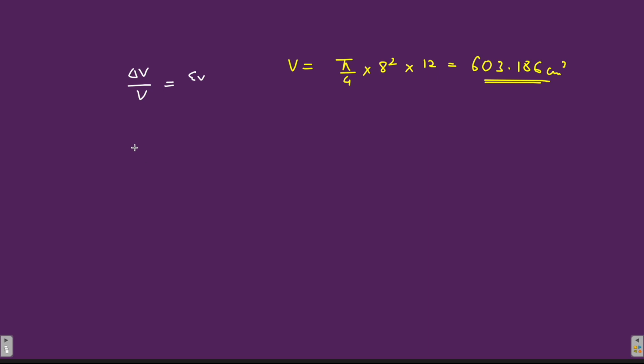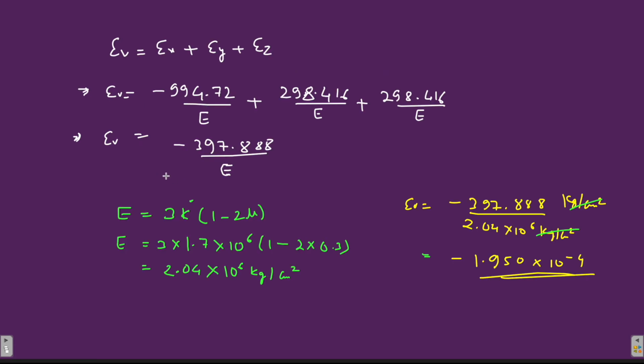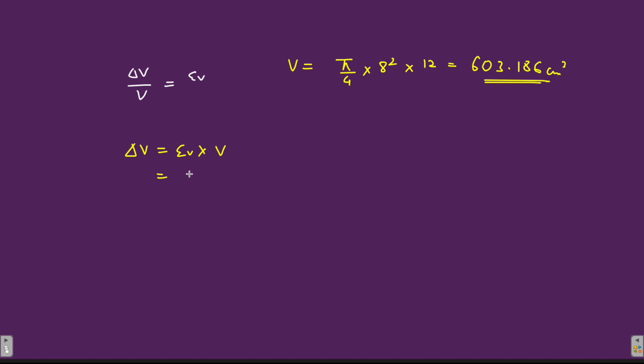If you multiply this with the volumetric strain, you will get the final change in volume. So change in volume will be volumetric strain into the volume. Volumetric strain we have already calculated. It is minus 1.95 into 10 to the power minus 4, into the volume we have got, 603.186 centimeter cube.